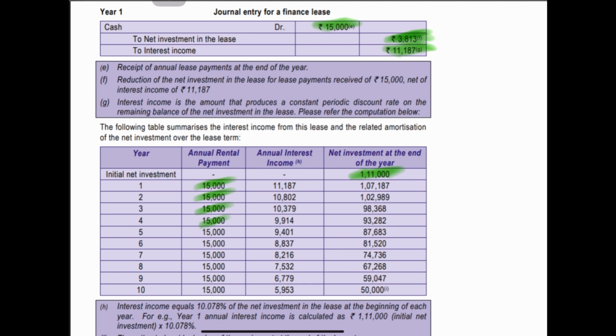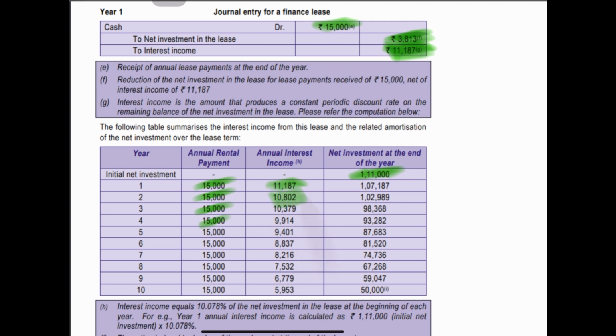Then you have to calculate the interest income. Interest income at 10.098% of the opening balance of 1,11,000 gives you 11,187 as interest income. So that's what is credited here.